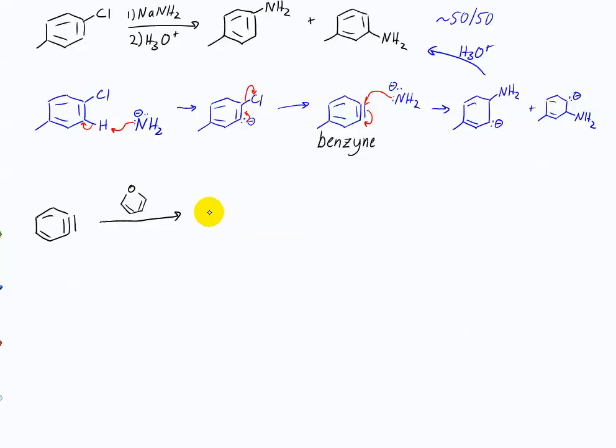And you end up with something like this. And this thing is a regular stable molecule that can be isolated. So the existence of that proves that it was a benzyne intermediate. And that's how we know, even though the benzyne itself isn't isolated, that's how we know it was there. Because we isolate this other thing.